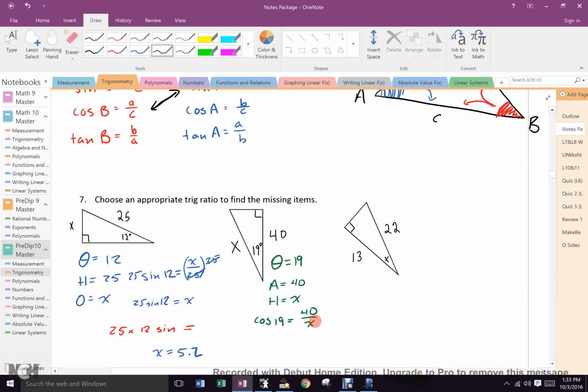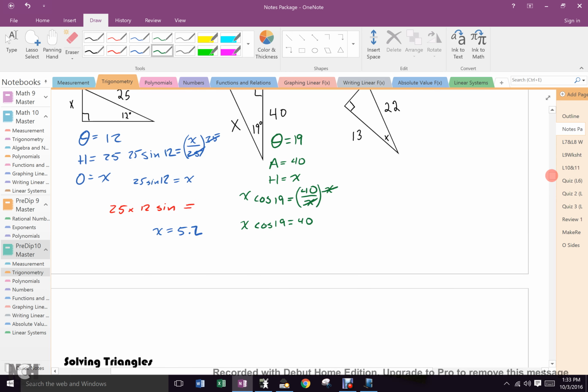Once again, for math purposes, we are going to do the long algebra way, and then we'll talk about the shortcut. I need x by itself. It's not allowed to be down there, so I multiply both sides by x. Cancel, cancel. Now I have x times cos 19 equals 40. I still need to get x by itself.